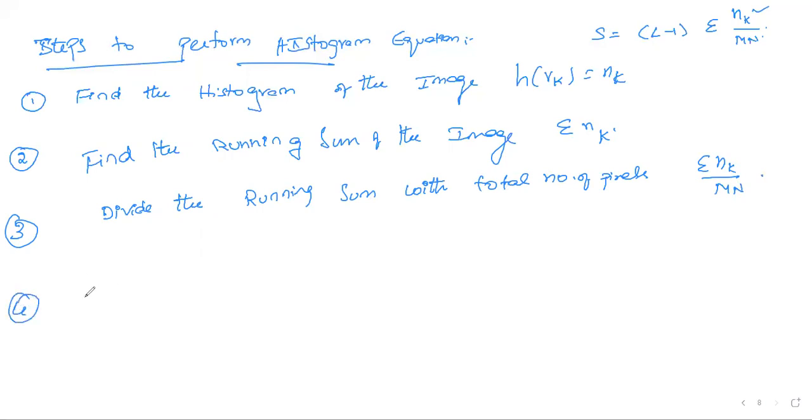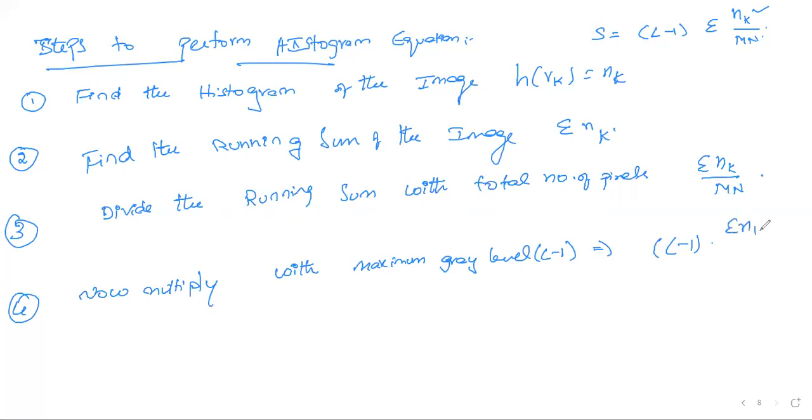Step 4, now multiply with the maximum gray level, that is gray level L minus 1. That implies we get (L minus 1) into sigma nk by mn. So that image is enhanced.